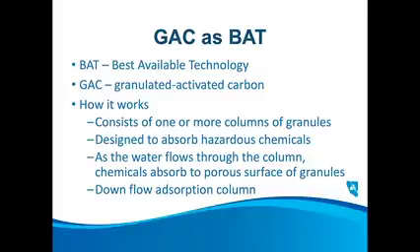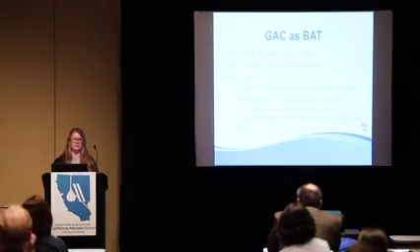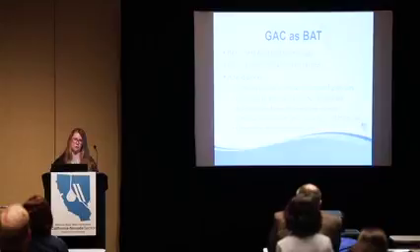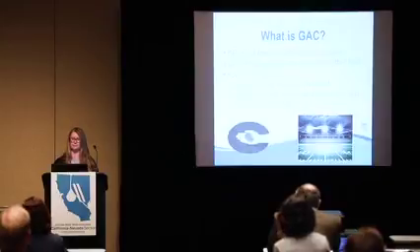So each individual granule that is very, very small has possibly hundreds, if not more, little surface area on there that the contaminant can adhere to. And the type of design is a downward flow of water through the column. So the water comes in through the top of the vessel, and then it flows downward through the column.